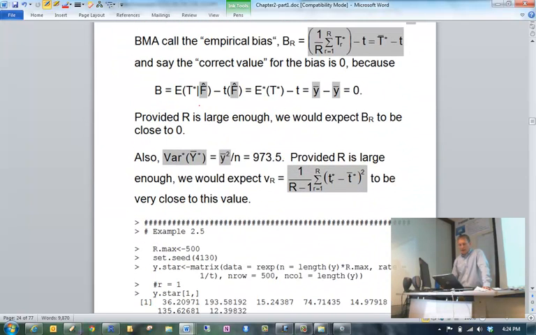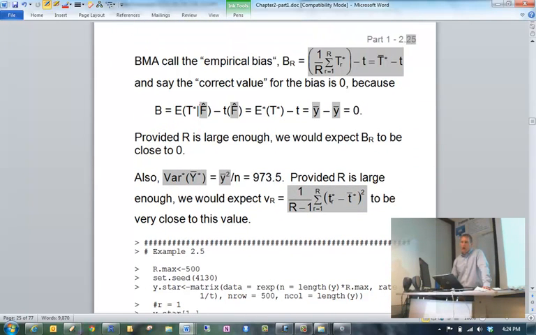What's the bias now? If I'm using y bar to estimate the mean lifetime of these air conditioners, what's the bias? Well, what we could do is take some resamples, on page 25, and calculate the average of the t stars minus t.